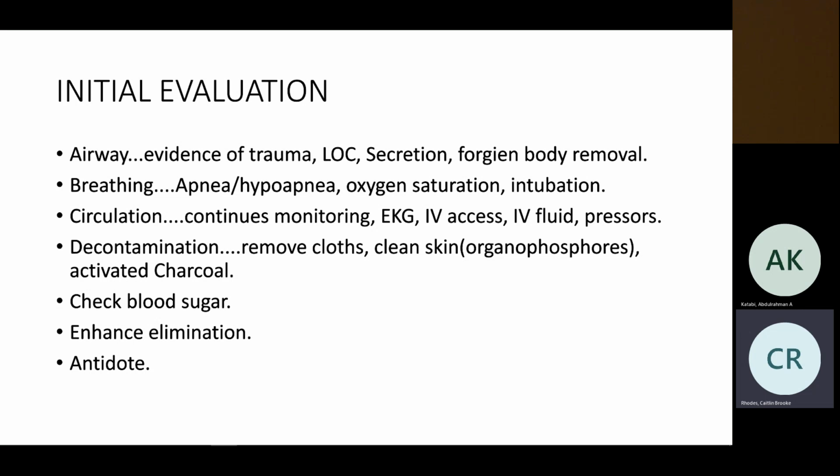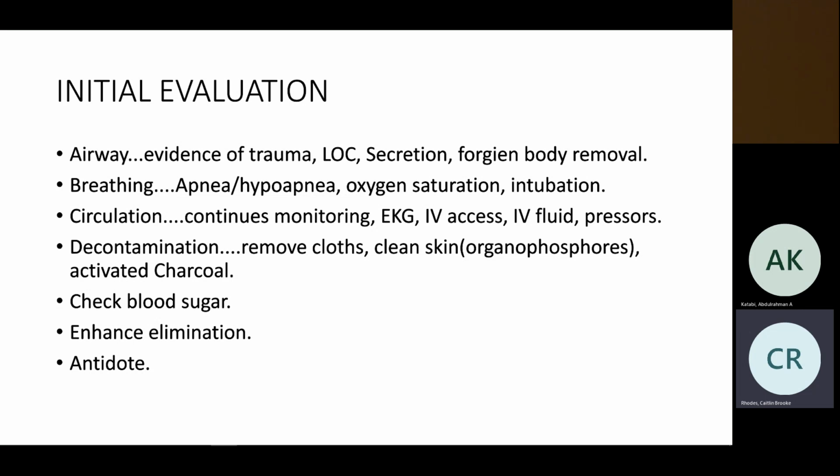Then you look at blood pressure and check for any IV access. If he needs IV access, you give fluid if required, pressors. And then decontamination, for example, if a patient has organophosphorus poisoning, you have to remove the clothes and clean the skin. Also, you can check the blood sugar at the bedside to rule out any hypoglycemia, and that can be corrected quickly.